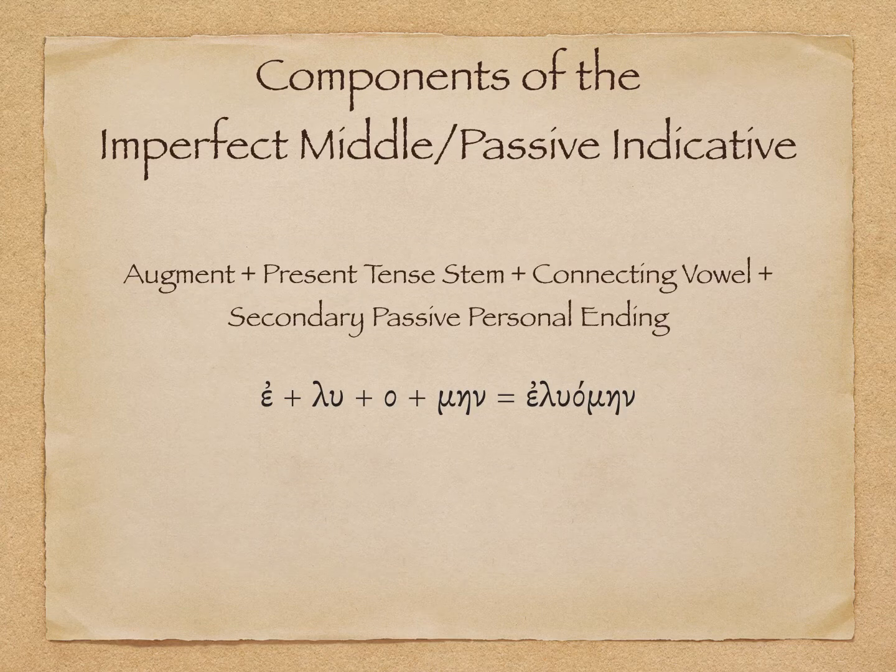The components of the imperfect middle passive indicative: you have the augment, the present tense stem, connecting vowel, and secondary middle or passive endings. And you can see mēn there for first singular.